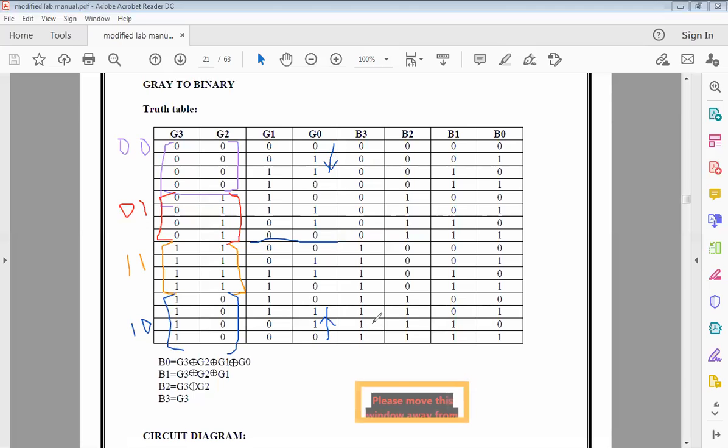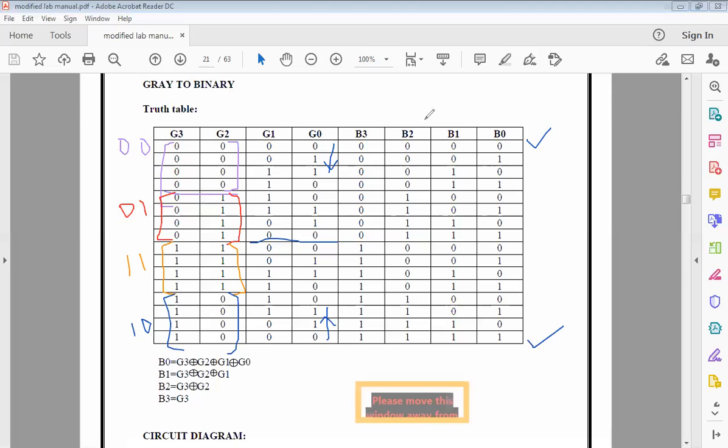That's why these gray codes are also called reflected codes. And the binary is as usual 0 1 2 3 4 5 6 7 8 9 10 11 12 13, 14, and then the full values, from all zeros to all ones.